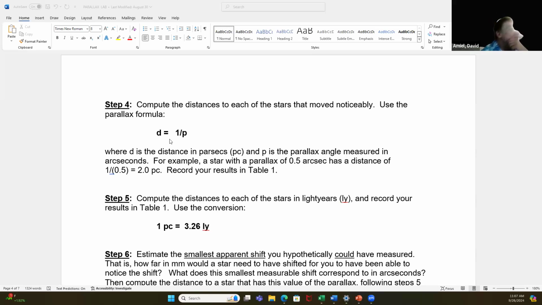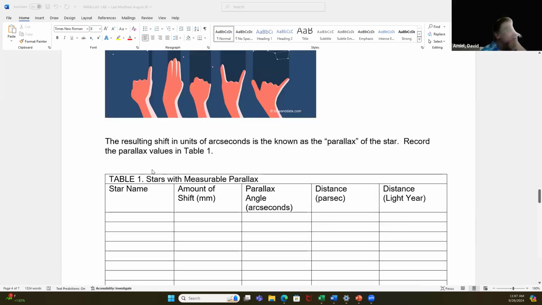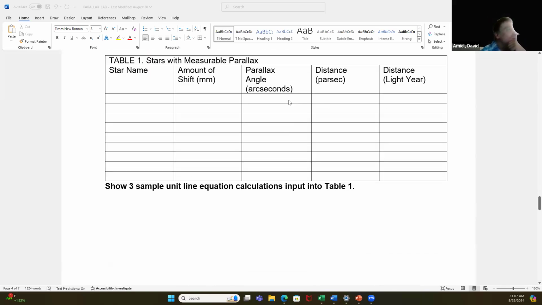Take 1 over that number. For example, let's say your parallactic angle was 0.5. 1 over 0.5 is 2 parsecs. So take 1 over this number, and that gives you this column right here.